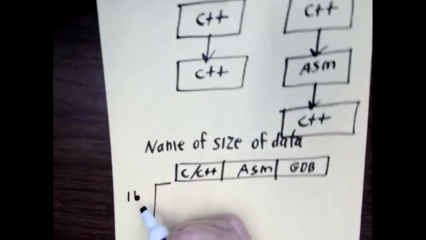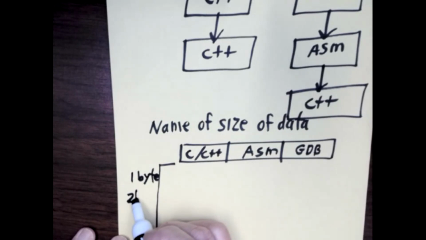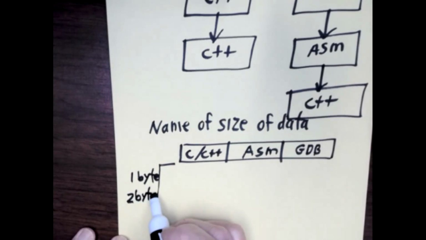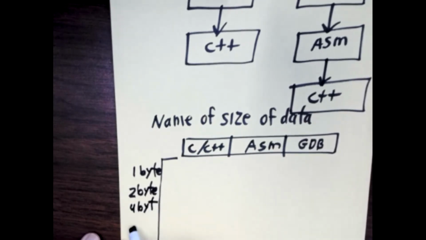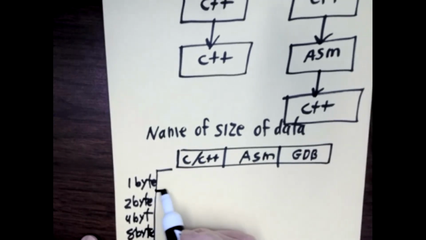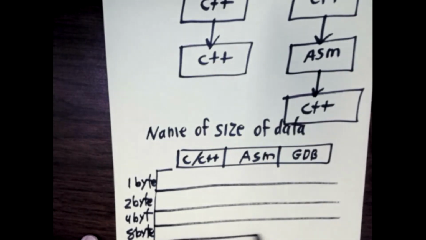Is this under the camera? I hope so. 2 bytes, 4 bytes, and 8 bytes. And draw lines across here, here, here, here.